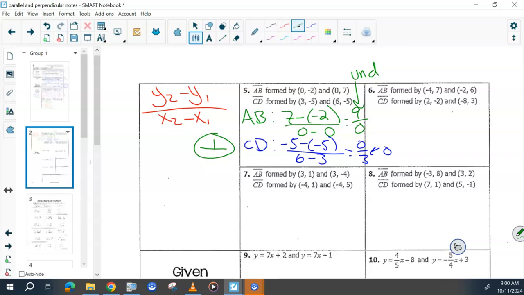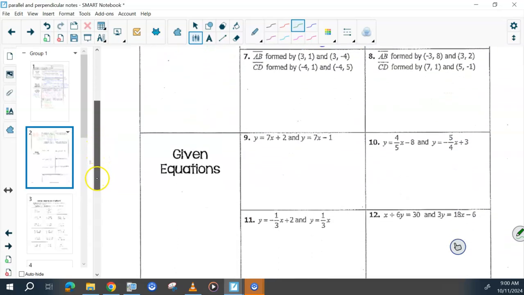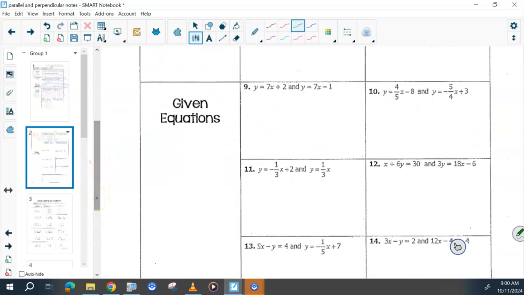Okay, we're going to move on to some equations now. Starting with number 9. Looking at the slopes, are these two equations parallel, perpendicular, or neither? Parallel. How do we know that? Because they're the same. What about number 10?